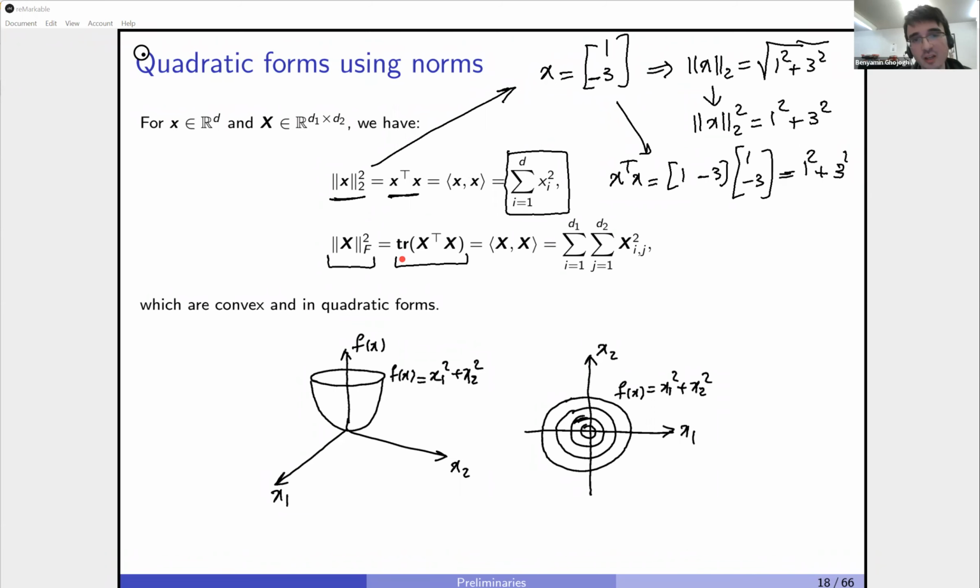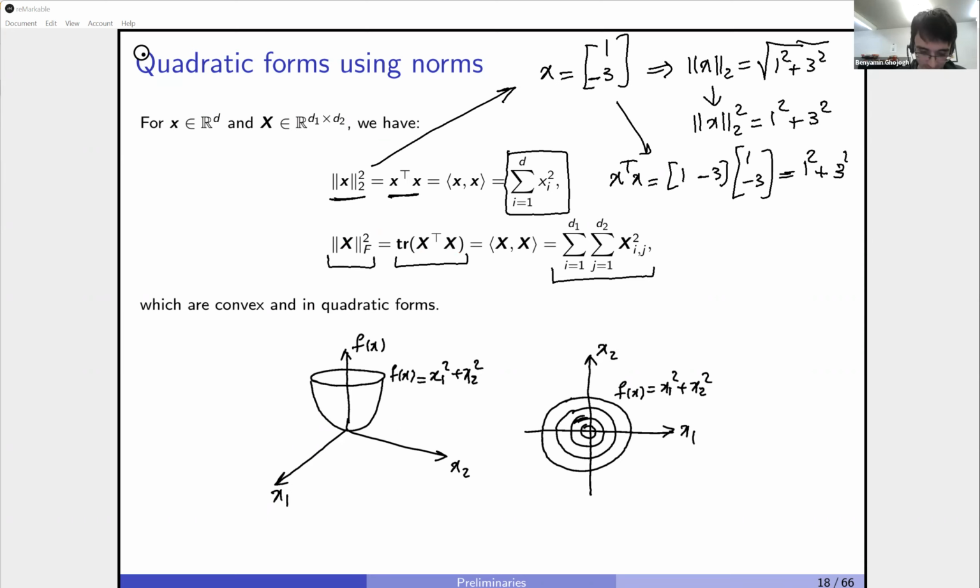The trace, which I defined in the last session, you can see as the summation of the diagonal elements. So here, this is the summation of the diagonal elements of X transpose X. Again, when you have the Frobenius norm squared, do you remember the Frobenius norm?